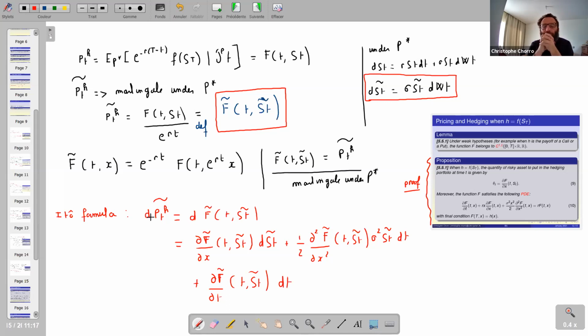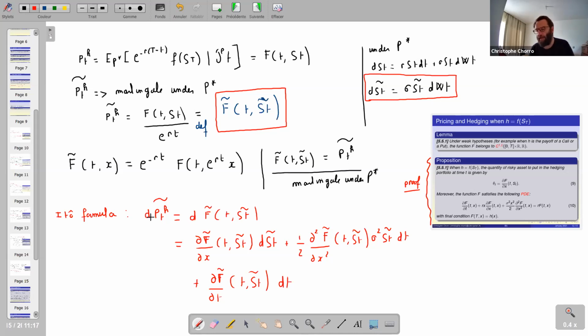But keep in mind that the price of a contingent claim is defined as the value at any time of a P star attainable financial strategy. The price at any time is equal to the value of a portfolio associated to a P star attainable financial strategy.